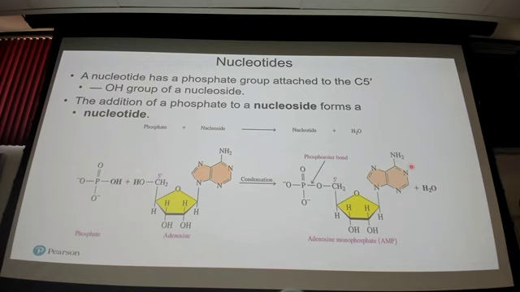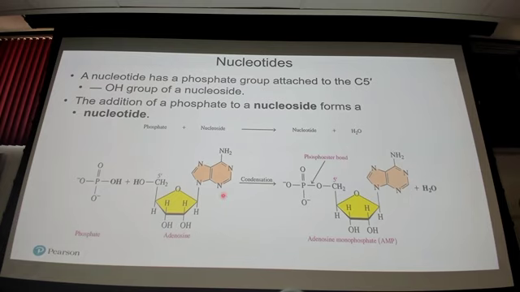So I mentioned that a nucleotide contains the nitrogenous base, the sugar, and the phosphate group. The only difference between a nucleotide and a nucleoside is that a nucleoside only contains the nitrogenous base and the sugar.